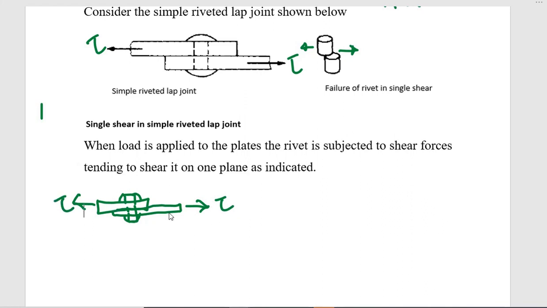If it is under shear, this pin of the rivet is going to fail in one single plane.